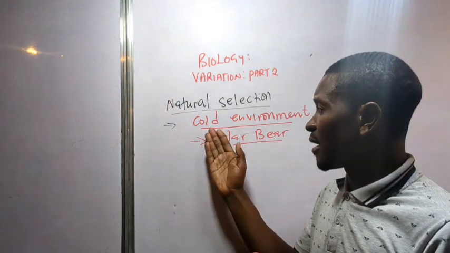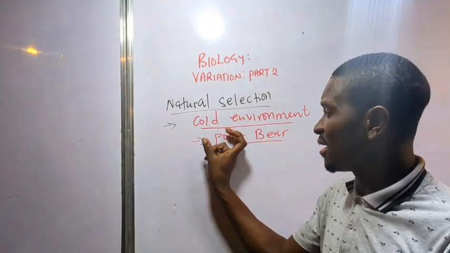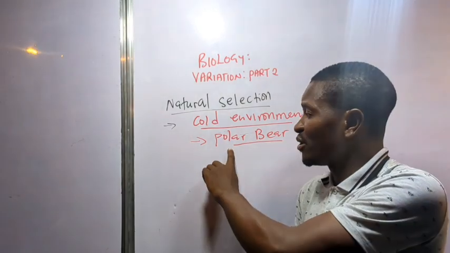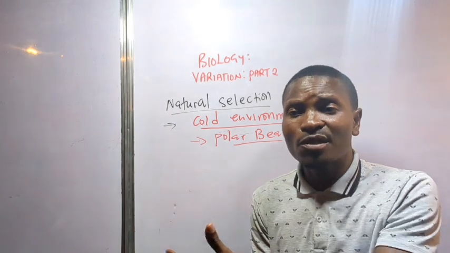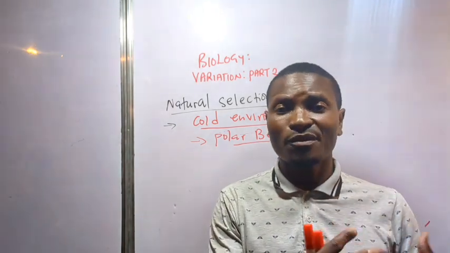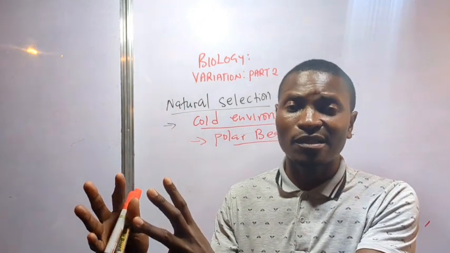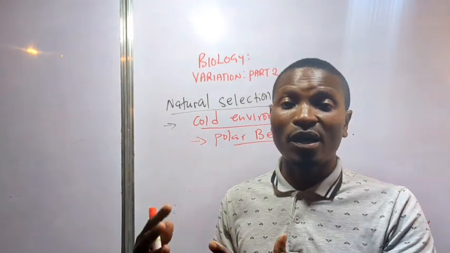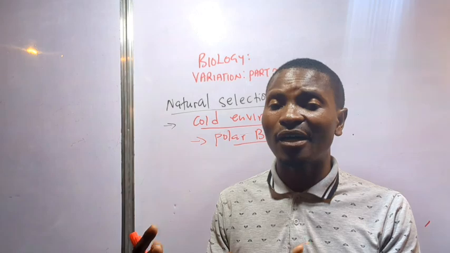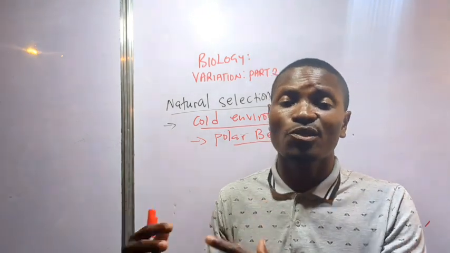So the cold environment, because that is nature, is going to determine which type of organisms are going to be able to survive in that particular environment. If you were to do an experiment to understand what natural selection does, it is this: if we are moved from this adaptable environment that we are living in and taken to the cold environment, the tundra region, what is going to happen? We are not going to be able to survive, because we don't have the features which nature wants us to have.